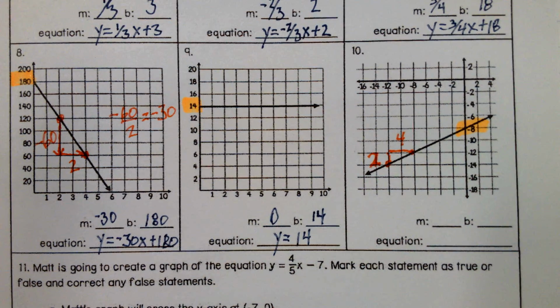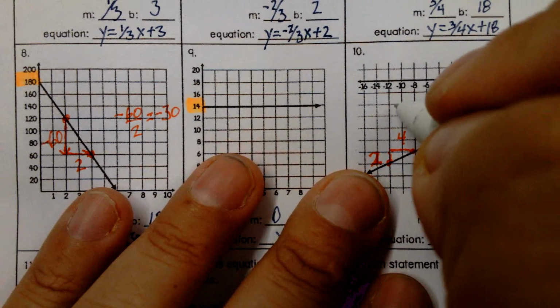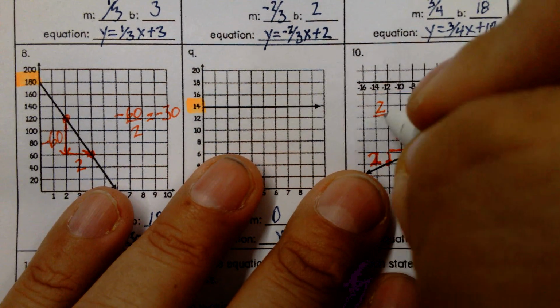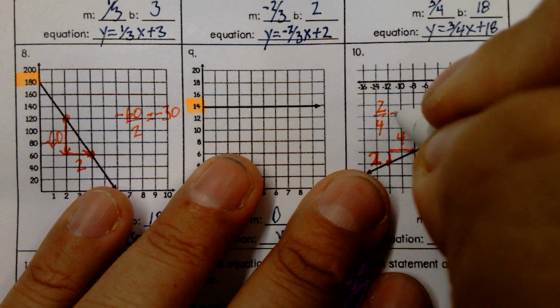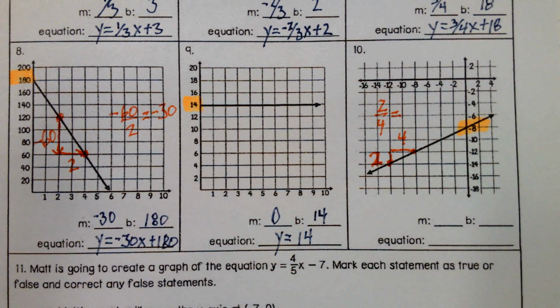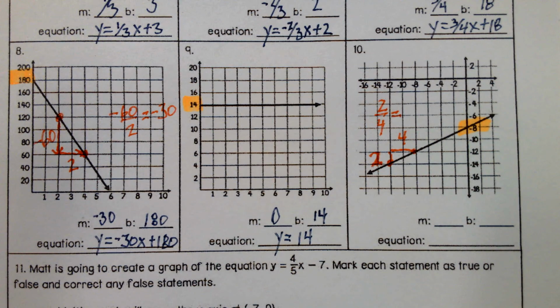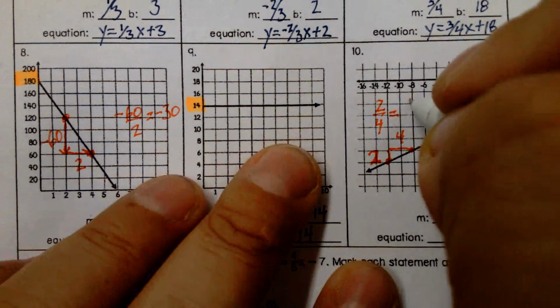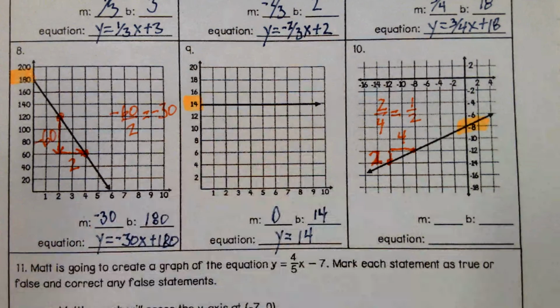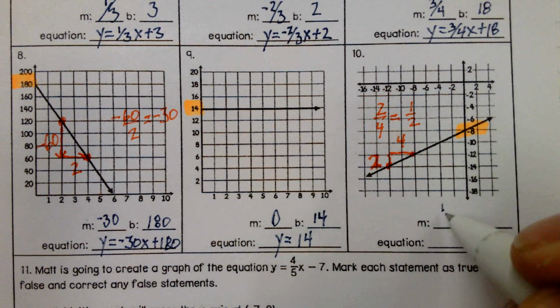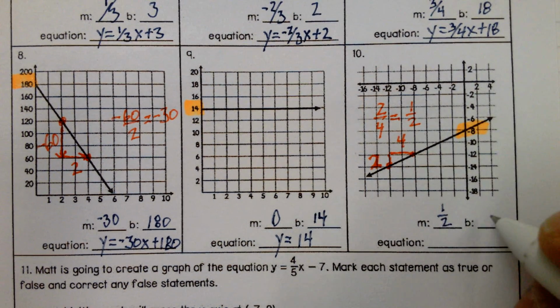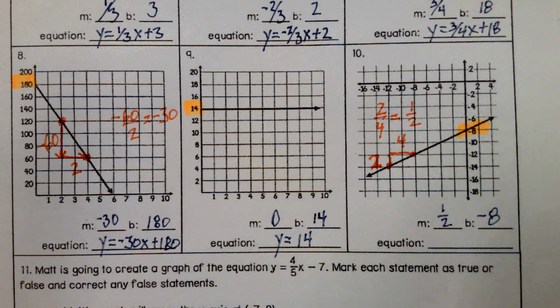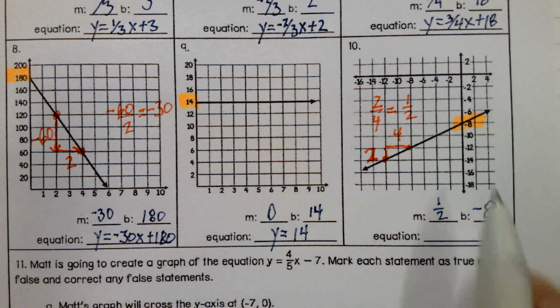So my rise over run is 2 over 4. Simplify that to 1/2, and the intercept is negative 8.